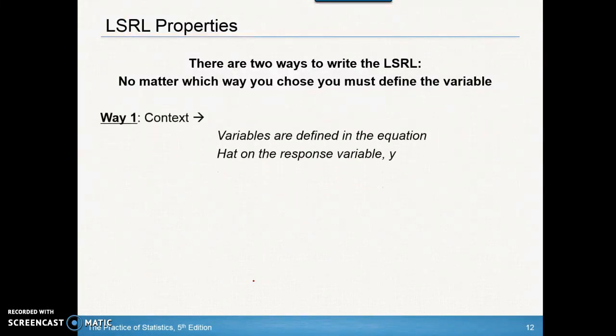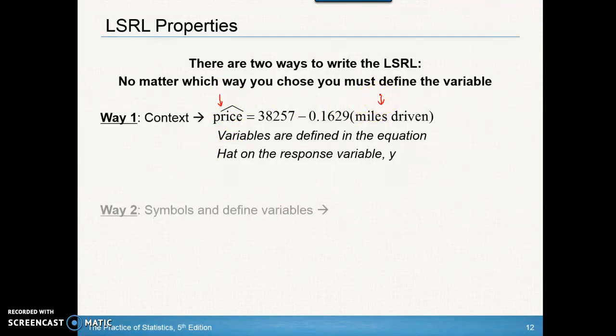Now, we kind of already talked about this. There are 2 ways to write your least squares regression line. No matter what way you do it, you have to define the variable. Notice here, this one is in context already. The variables are defined in the equation. There's a hat on the response variable y, and x is just written as your miles driven.